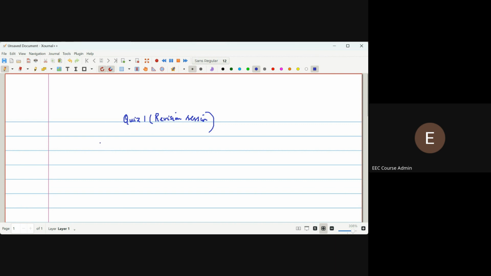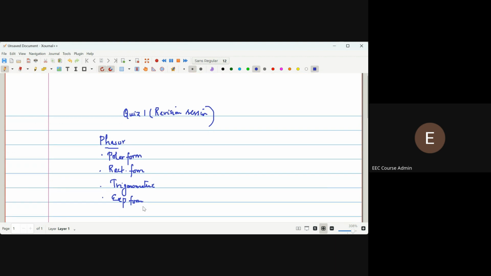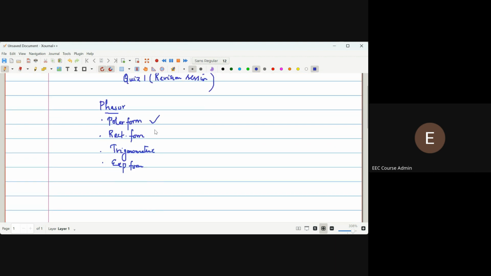We have the basic four representations for the phasor: the polar form, rectangular form, trigonometric, and the exponential form. Mainly we will be dealing with the polar and the rectangular form.